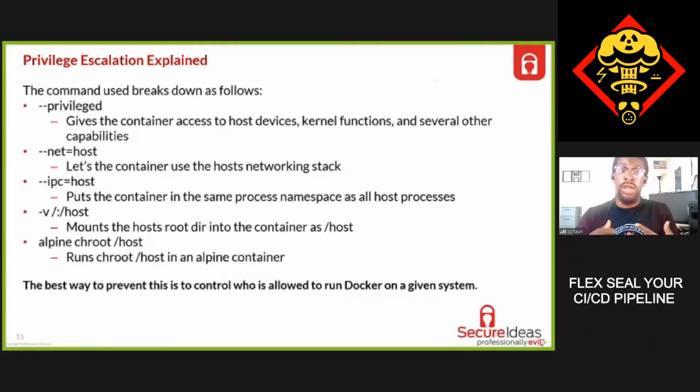You're setting the net and IPC to the host, and the volume mount that you see here is just mounting the root directory of the host. Your goal is to pull in the entire file system and open it up to the container. And then the Alpine chroot host is that you run that in the Alpine container.